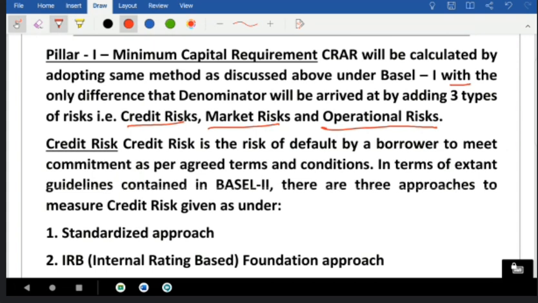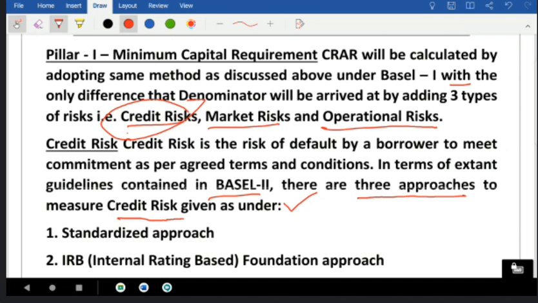So what is called credit risk? Credit risk is the risk of default by a borrower to meet commitment as per agreed terms and conditions. And in terms of the guidance contained in Basel 2, there are three approaches to measure the credit risk as given under.